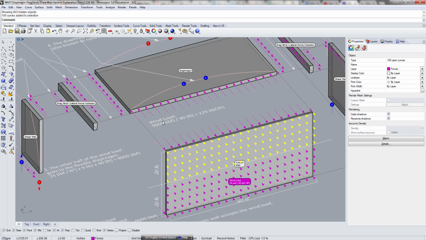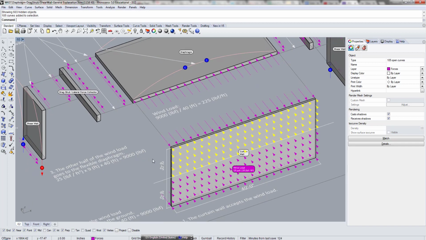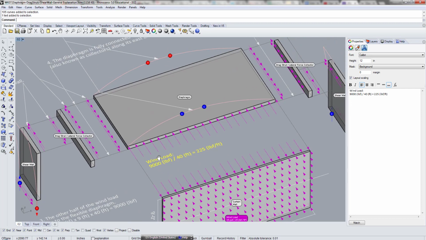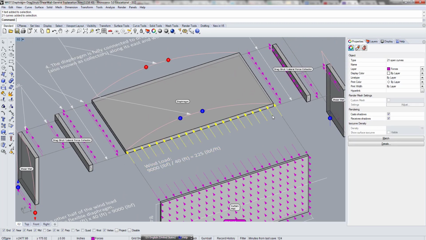So the wind load, which used to be 25 pounds per square foot, now counts all of this 9 feet thickness. The total wind load on half of this surface is 9,000 pounds. But now you translate it to pounds per linear foot.